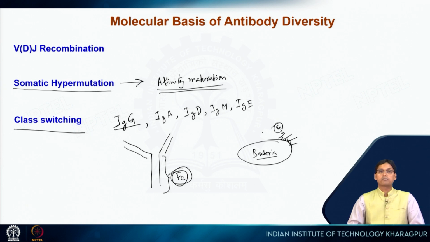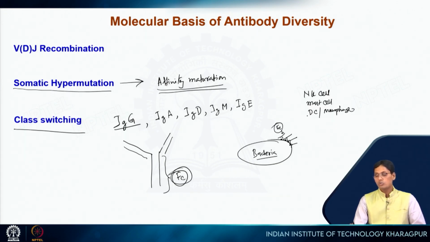This is effector function. For example, this Fc region can bind to the Fc receptor present on NK cell, okay? It can be present on mast cell, which is also another type of immune cell. It can bind to DC, macrophage. All those cells will bring the cell mediated immunity because of this effector function.